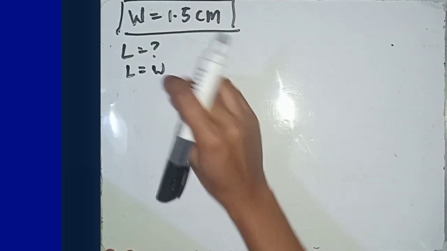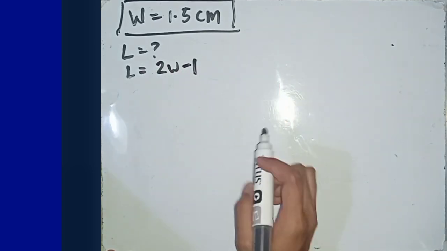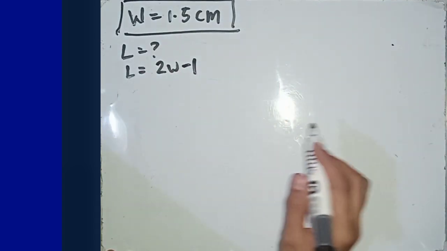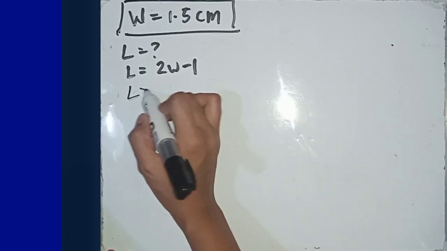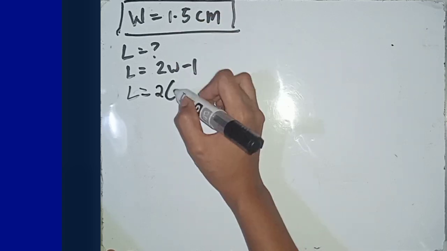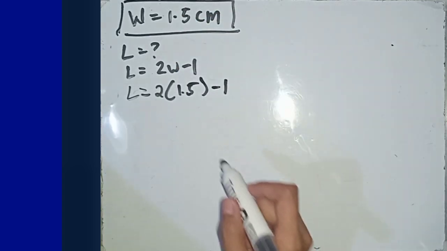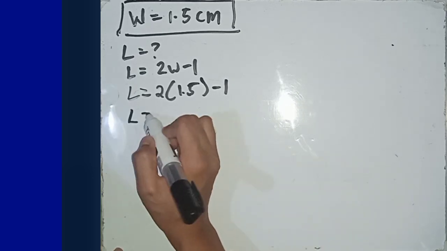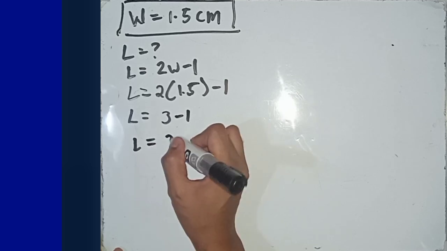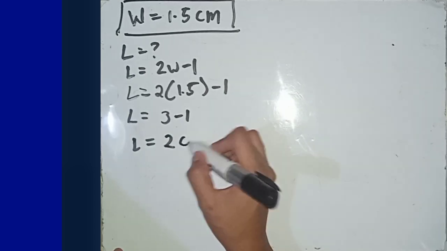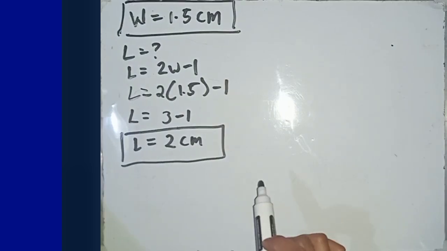The formula for length is L is equal to 2 width minus 1, as given in the problem earlier. So let's just substitute 2 times W, 1.5, minus 1. And 2 times 1.5, how much is that? That is 3 minus 1, and length would be equal to 2 centimeters.